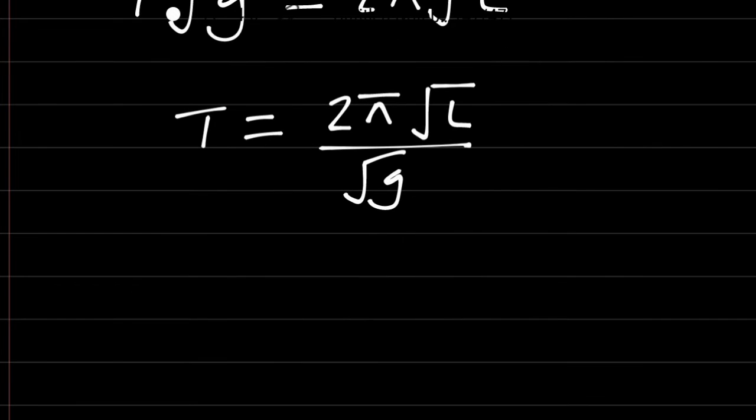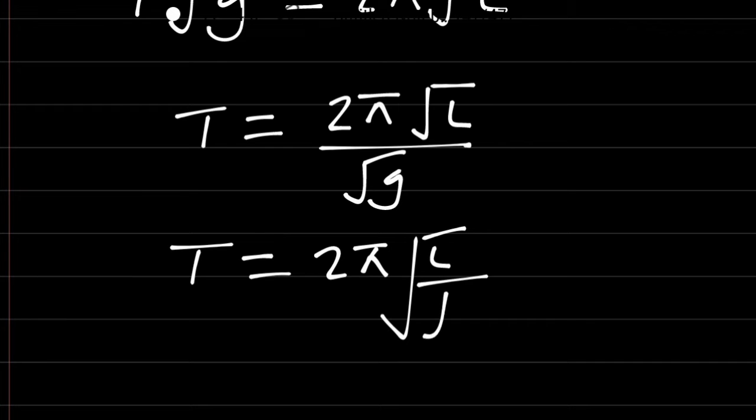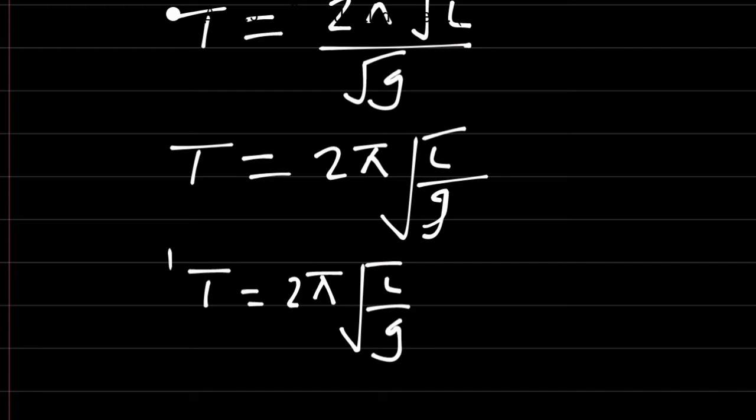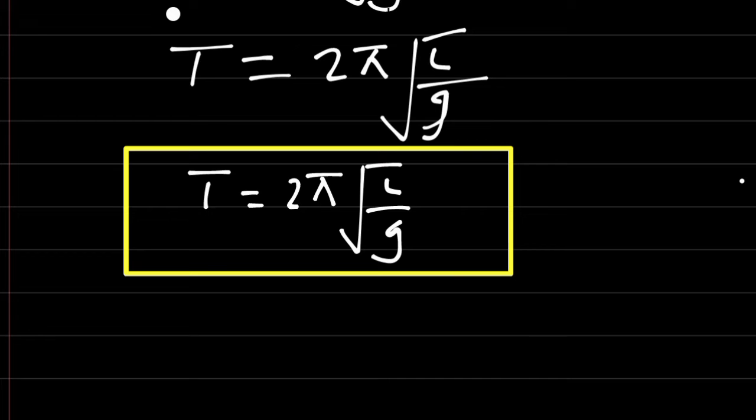Therefore, we can combine root L over root g together. Therefore, I have T is equal to 2 pi root L over g. So this is the formula for calculating the period of a pendulum bob.